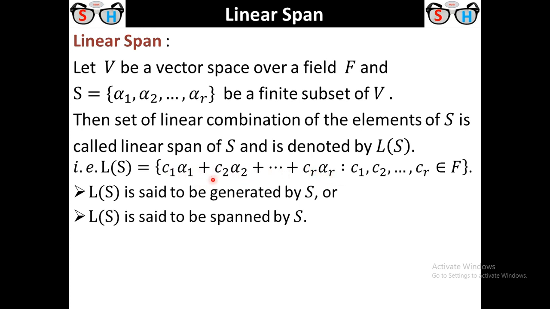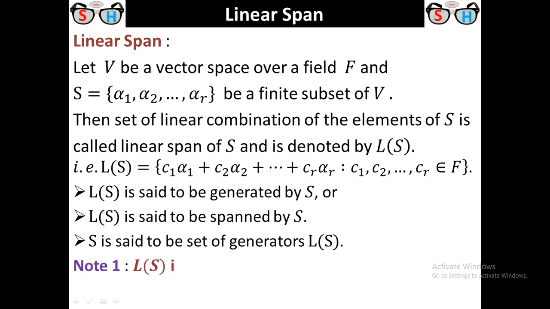If you vary c1, c2, ..., cr, that is, the coefficients of alpha 1, alpha 2, ..., alpha r, then you can generate the whole set L(S). So the elements of S generate the set L(S), or span L(S). The elements alpha 1, alpha 2, ..., alpha r are called generators of L(S), and S is said to be a set of generators of L(S).